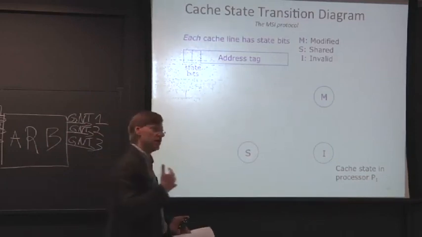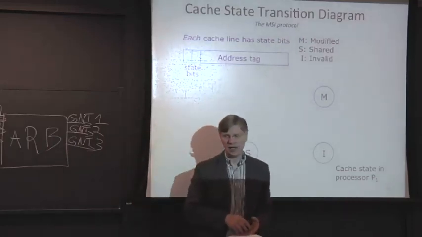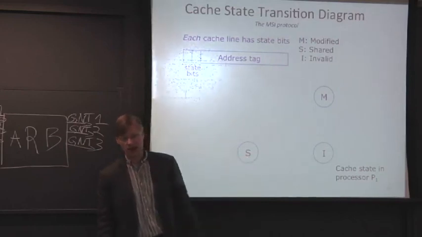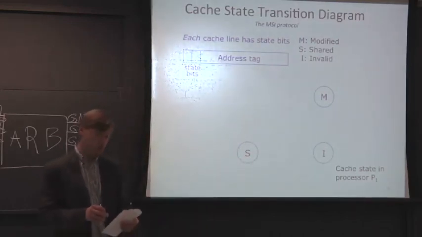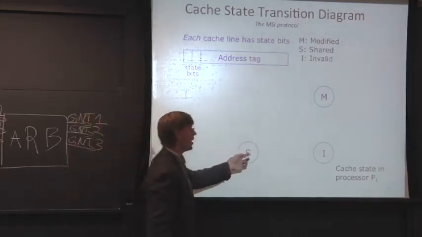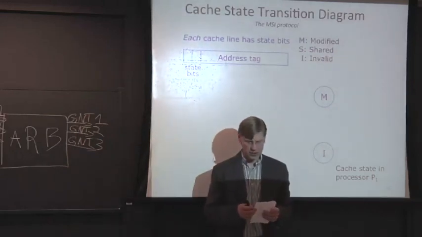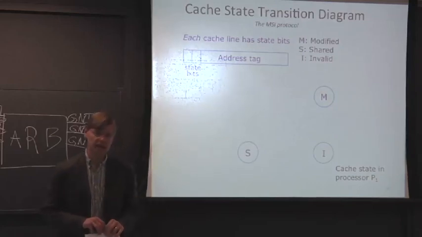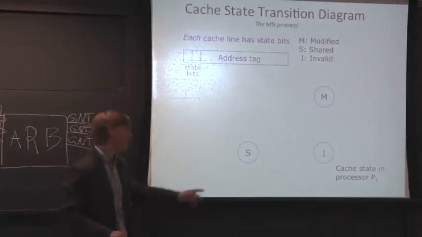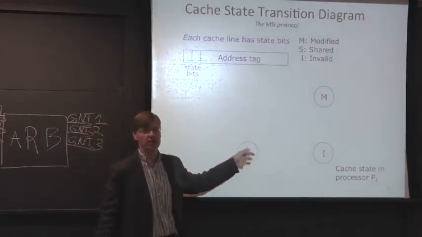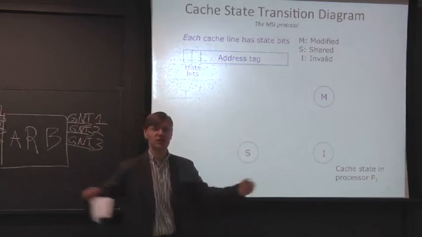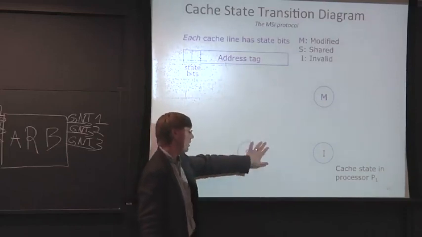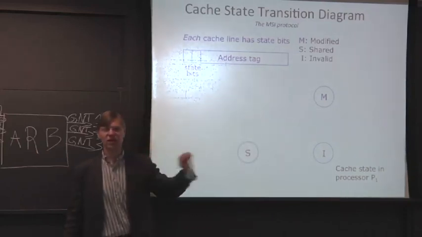So this is dirty data. And then we have this other state called shared, or S for shared. Well, what is shared? The shared state means that you have a read-only copy of the data, and someone else may also have a read-only copy of the data. Hence the term shared: it's shared amongst multiple people. But when you're in the shared state, you're not allowed to do a write.